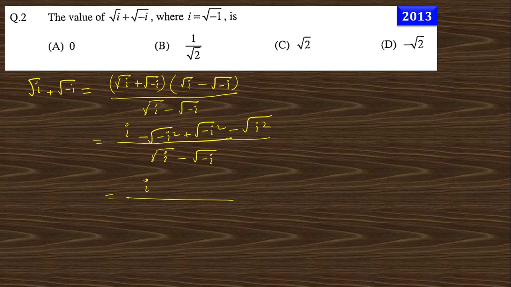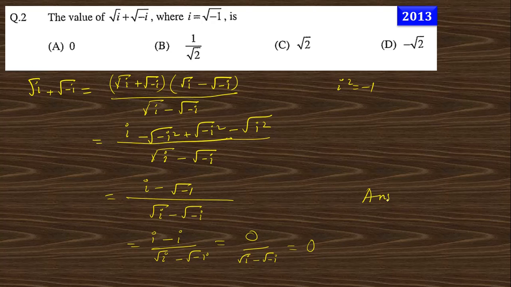The cross terms cancel out, and i square is minus 1, so here we put minus 1, and this is root i minus root minus i. In the numerator this will be 0, so this becomes equal to 0. So the answer of this question is option number A.